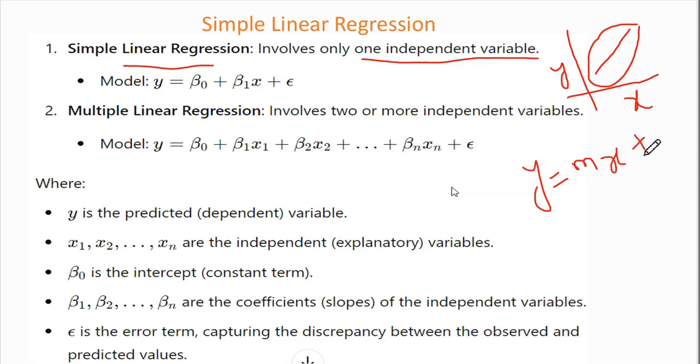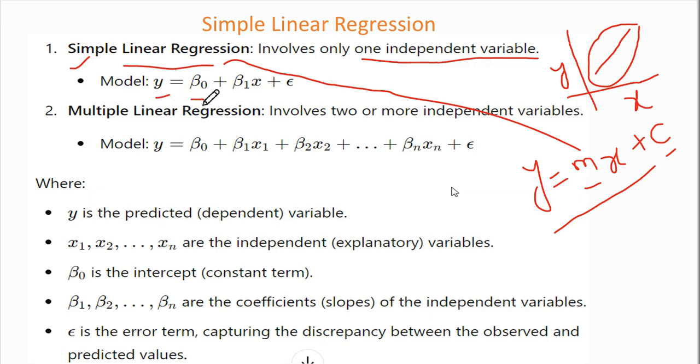It is the equation to find which one? Straight line. Okay. Here m is the slope, c is the intercept. In a similar way, to build a model using simple linear regression, we write this equation as y equals beta naught plus beta 1 x plus epsilon.